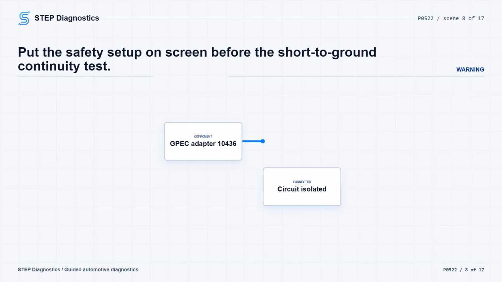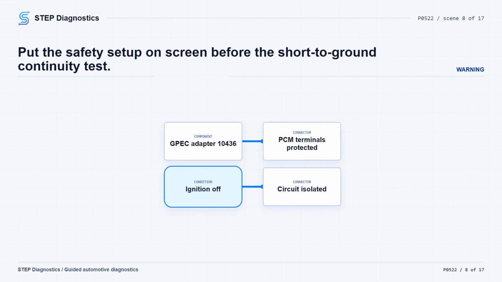The ignition must be off for continuity to ground testing. Disconnect the ECU and every component connector that contains the circuit being tested, and use the wiring path to follow the circuit. Connect the DVOM negative lead to a known good ground, then probe the signal circuit at the component connector with the positive lead.